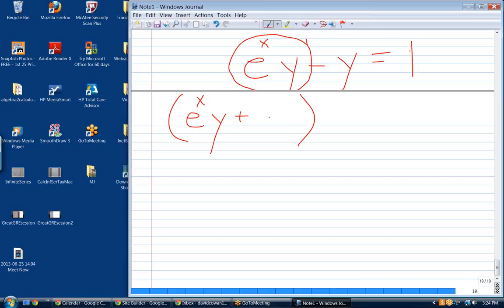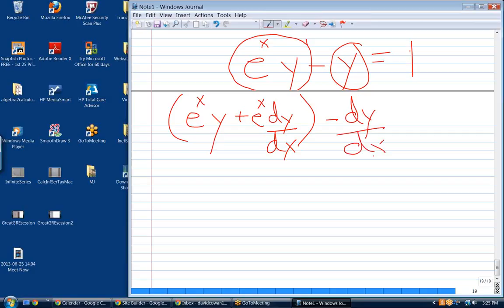And then the second part of the product rule would be e to the x dy dx? Yes. Okay. And now this part. So what's the derivative of y? Dy dx? Right. And what's the derivative of 1? 0.